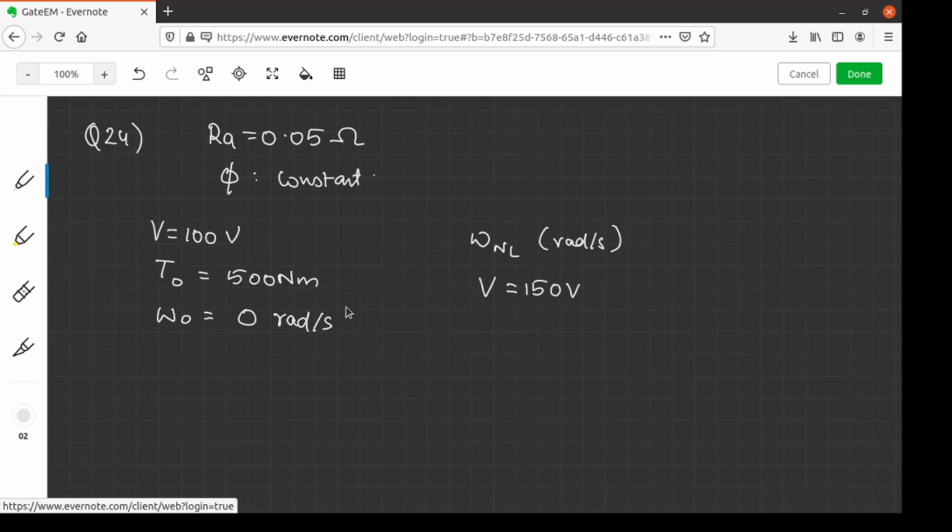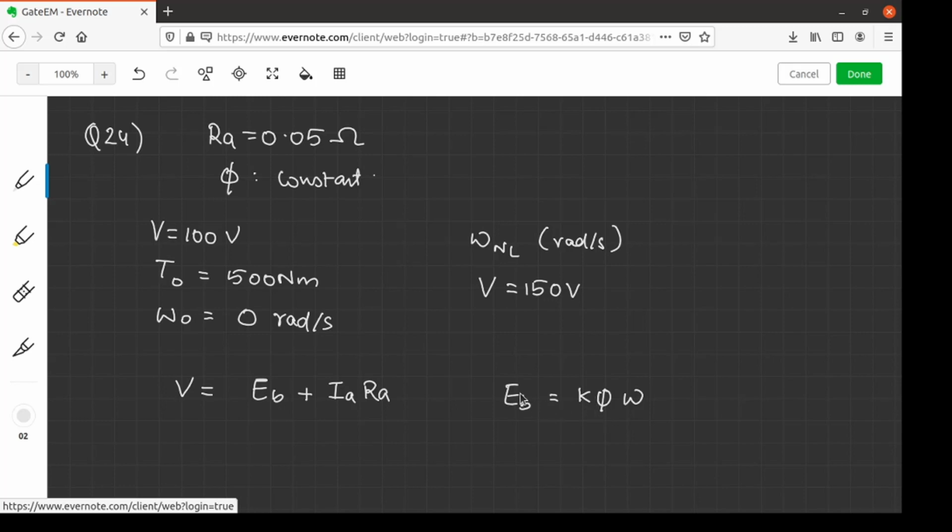So we'll have to find out the relationship between the speed and torque of the separately excited motor. For that, let us write down the Kirchhoff voltage law for the machine. The terminal voltage equals the back EMF plus the armature resistance drop IARA. Also, we know that the back EMF is equal to K phi omega, where omega is the speed of the machine, phi is the flux per pole, and K is the proportionality constant.